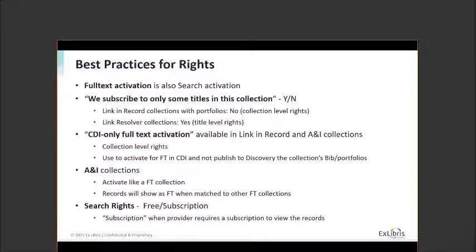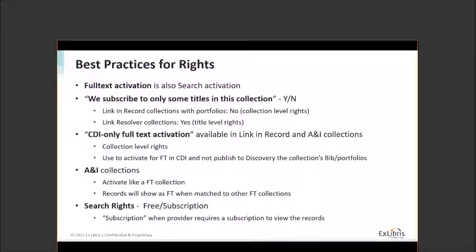So, for example, if you would like to see, for a specific collection using link and record, only the CDI records and not the database or the collection bib or portfolios, you can choose this option and see only the CDI records using collection level rights.